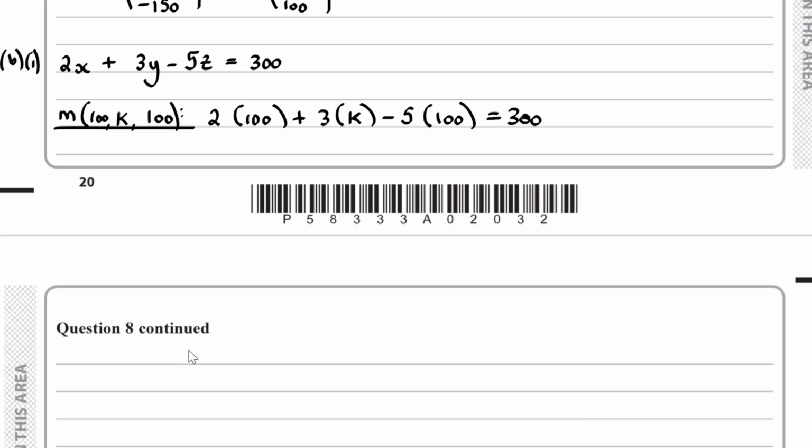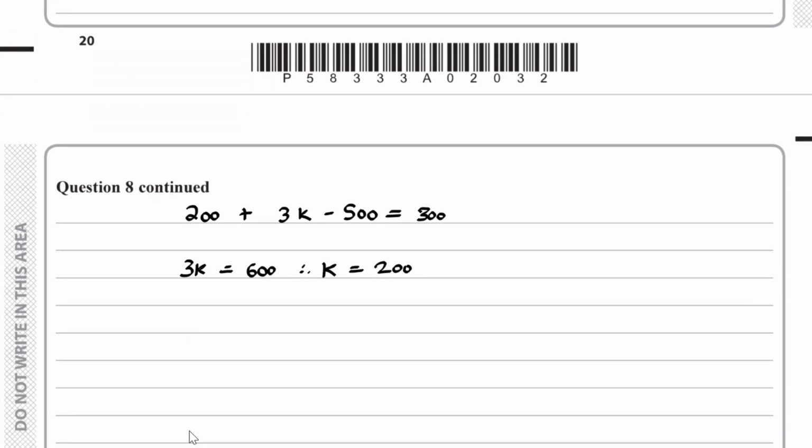So we have 200 plus 3k minus 500 equals 300. 3k is equal to 600, and therefore k is equal to 200, and therefore M has coordinates 100, 200, 100.